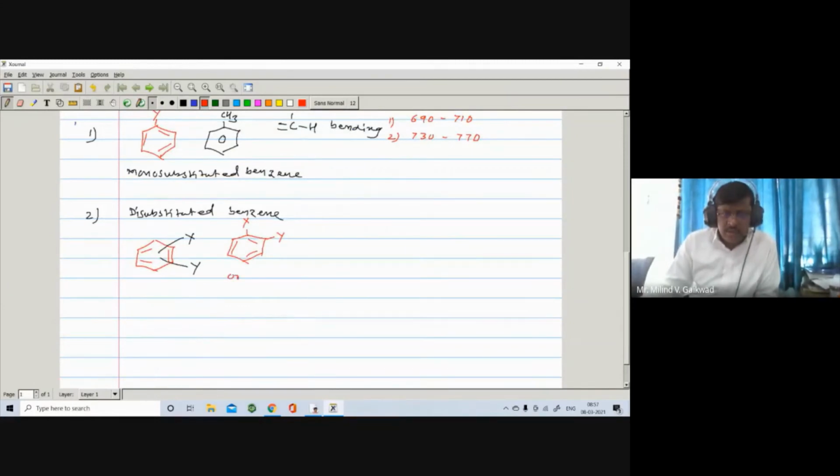It may be at the meta position, with X and Y here, so it is meta.